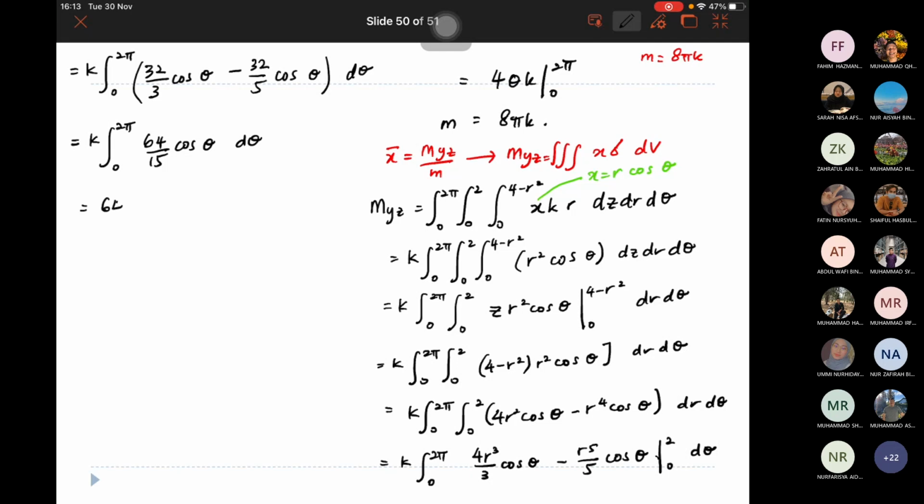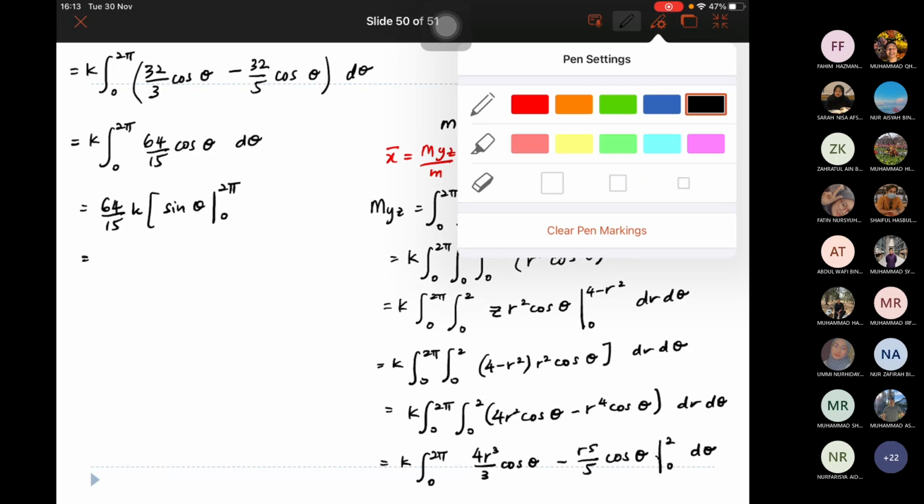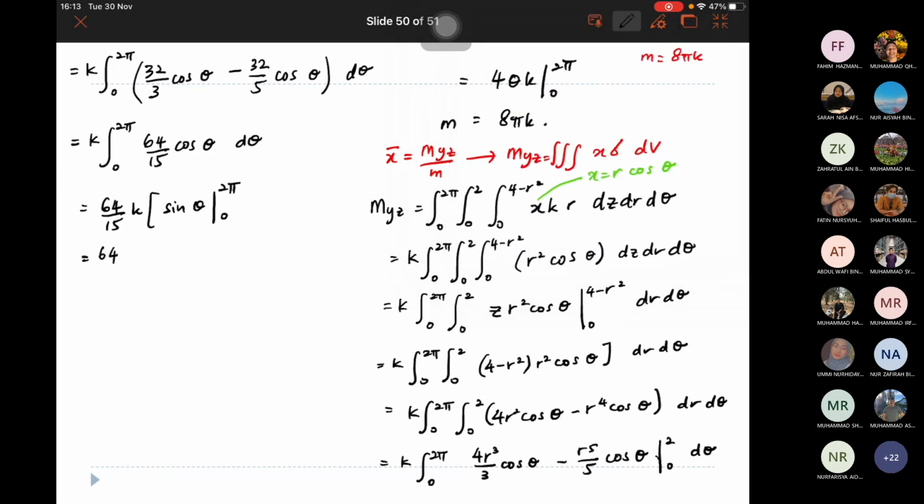Okay. Sama dengan 64 per 15 K integrate cos dapat sin theta kosong sampai 2 pi. So sin 2 pi kosong, sin kosong is kosong. So dapat this one is 64 per 15 K sin 2 pi tolak sin kosong. So this is 0, this is 0. So you will get, dia akan sama dengan kosong.